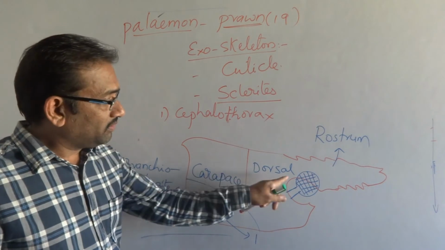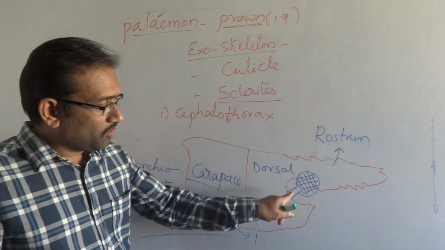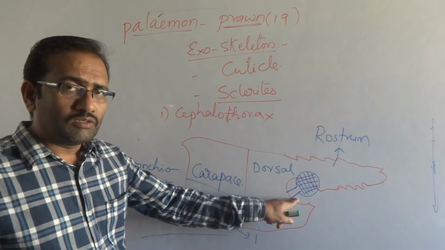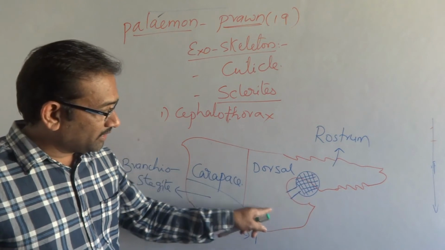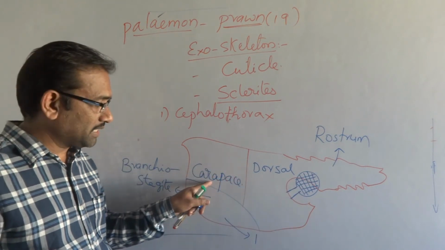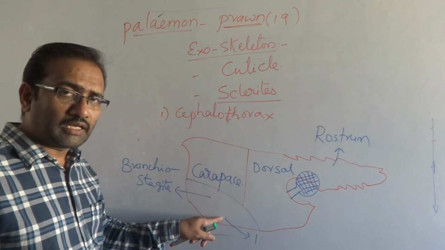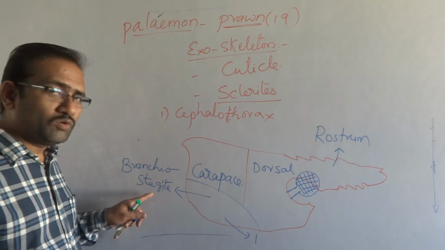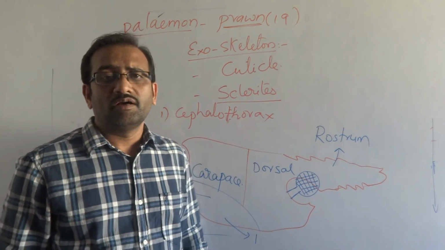So this is the cephalothorax region containing the serrated rostrum, the orbital notch accommodating the stalked compound eyes, and the dorsal shield. The posterior part is called the carapace. The hanging covering of the gill chamber or gills is called branchiostigite.